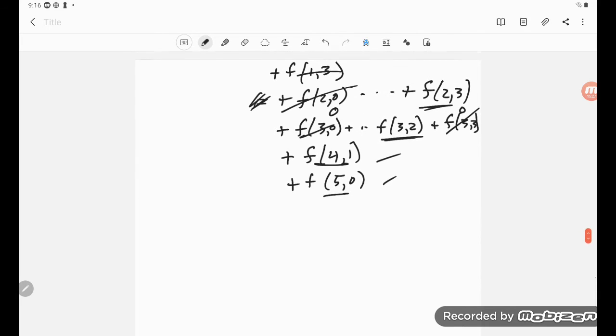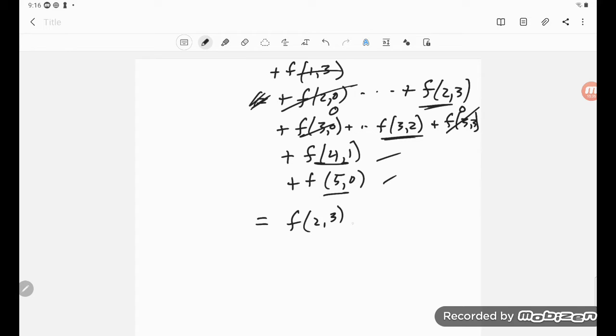And so what we see is that this is equal to, in the end, f at 2, 3 plus f at 3, 2 plus f at 4, 1 plus f at 5, 0.